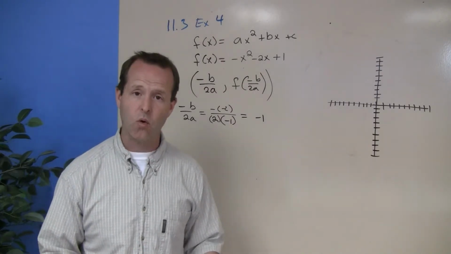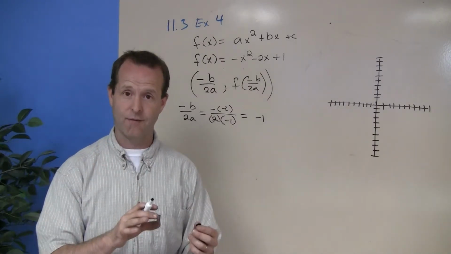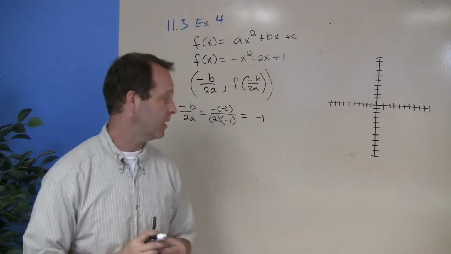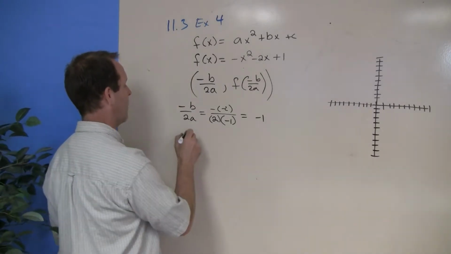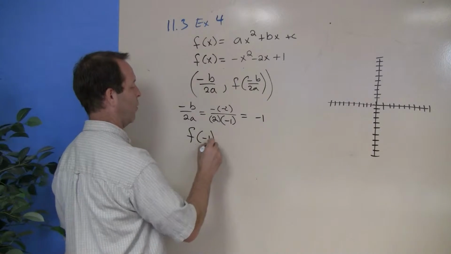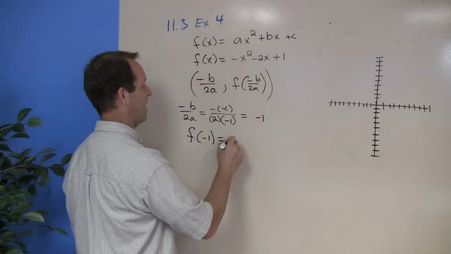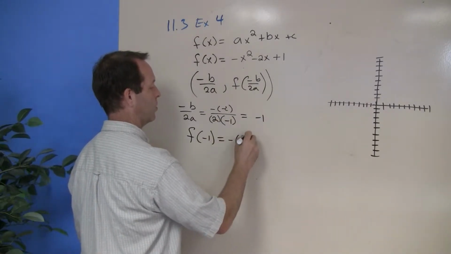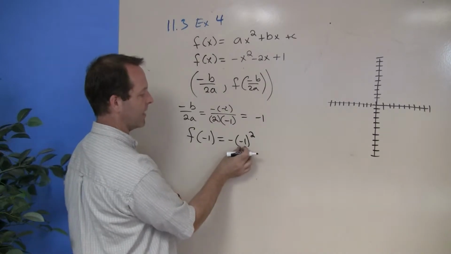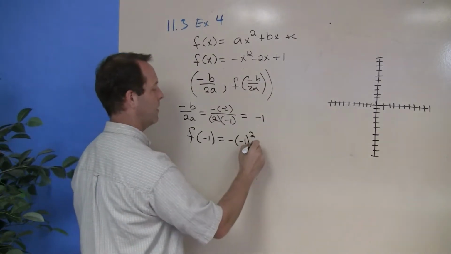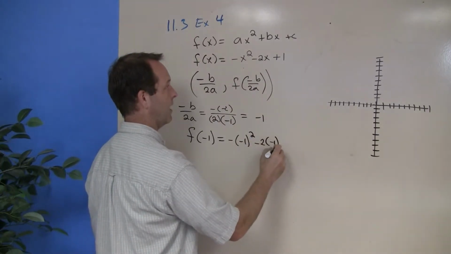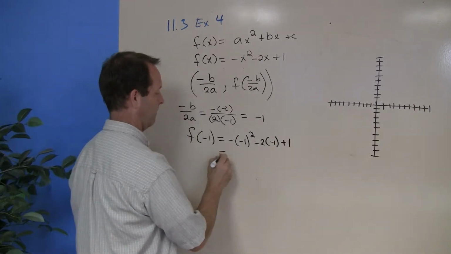And to find the y coordinate, we take that negative 1, put it back into the function, and see what happens. So I want to find out the function evaluated at negative 1. So I have a negative 1 squared, because everywhere there's an x, I'm inputting that negative 1, minus 2 times the negative 1, plus a 1.